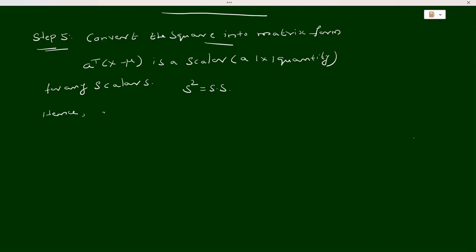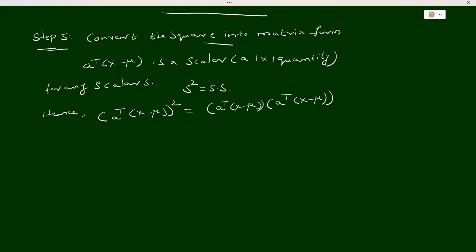Hence, a transpose (x minus mu) the whole square can be written as a transpose (x minus mu) and a transpose (x minus mu). Like this we can write it.